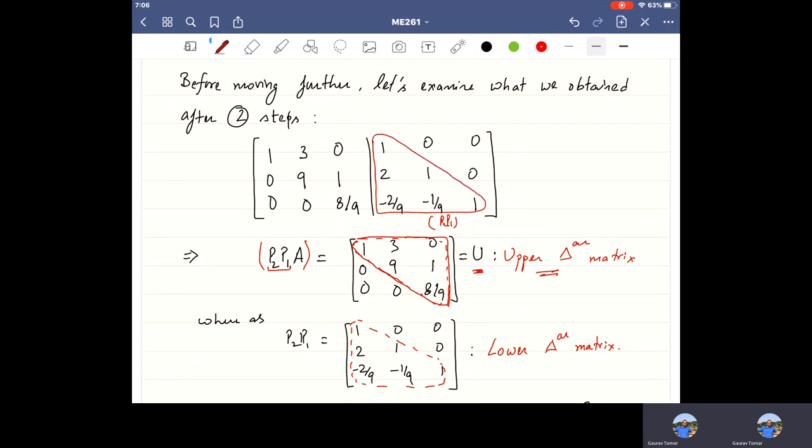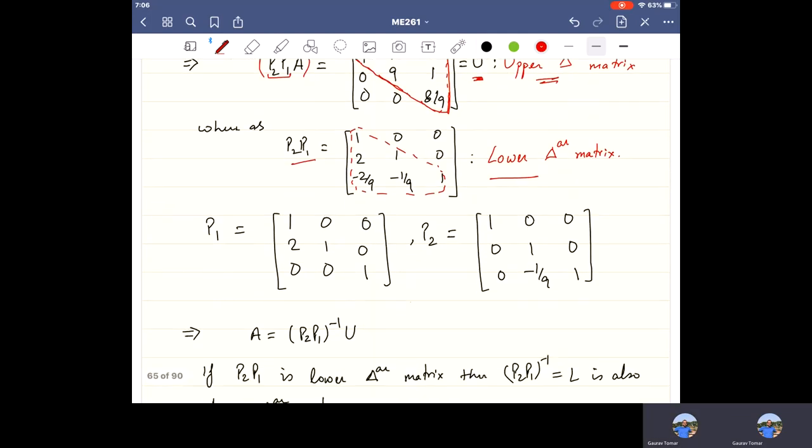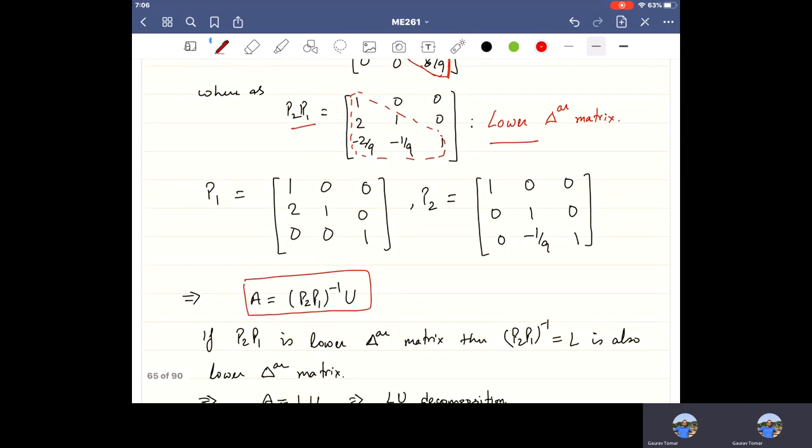That's what you notice. Interestingly, if you take the inverse of this matrix, you'll get A as P1 inverse P2 inverse into U.